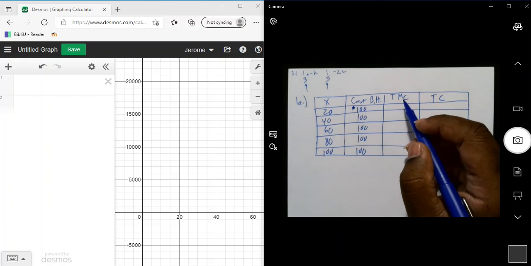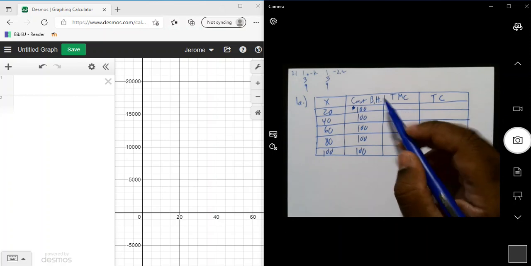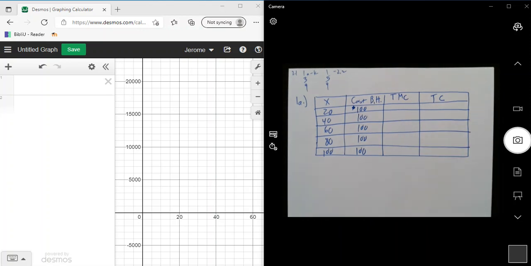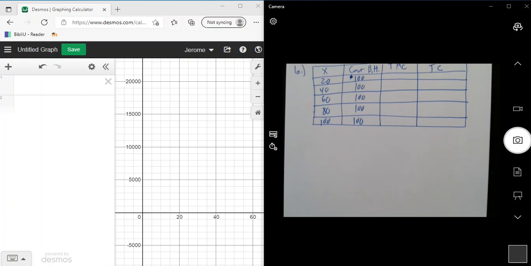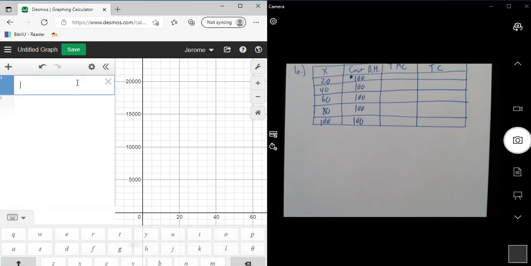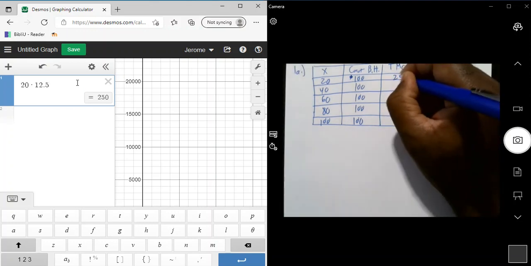Now, the total meal cost. Now for 20 people, now remember it's $12.50 per person. So well, I guess we could do this on Desmos. So first of all, we will have 20 times 12.50, and that gives us $250.